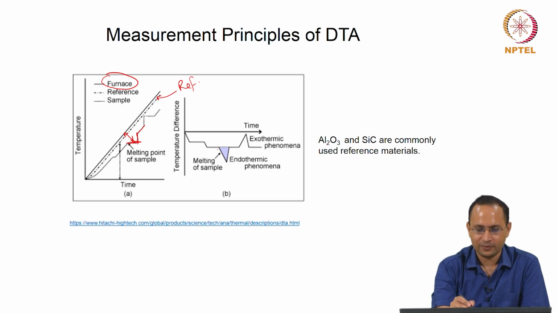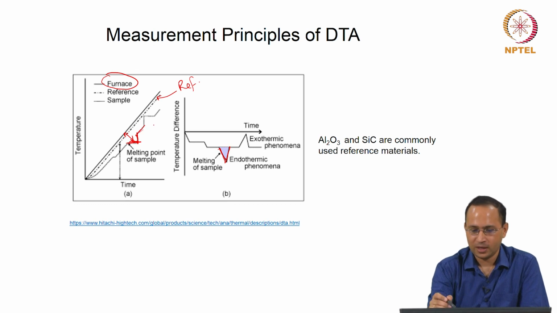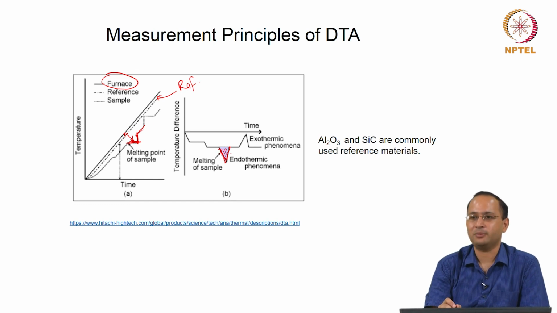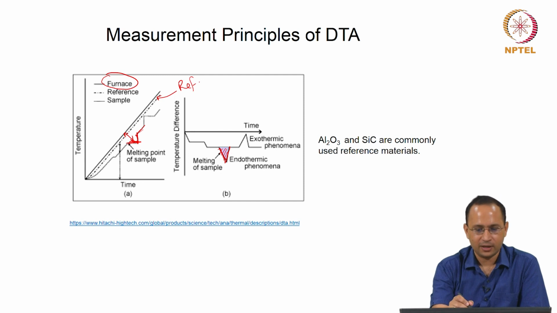Once the melting is completed, now you see the difference has decreased, right. So, this also tells us that it is an endothermic phenomenon. Endothermic means melting will need heat. You are heating it up, so that heat is being used to melt the material. So, an endothermic peak tells you that something is melting.